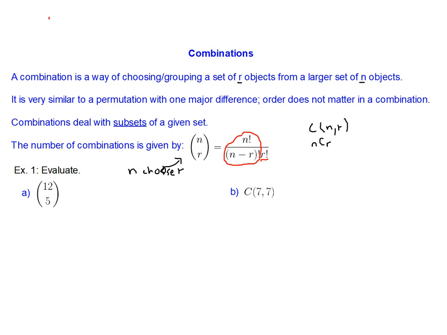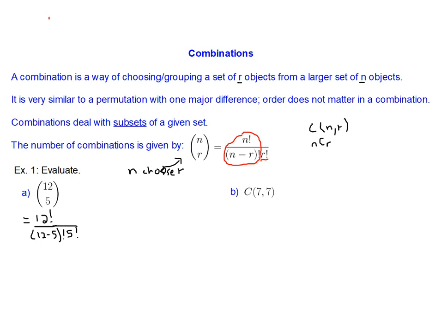We're just going to use the equation here. 12 choose 5 should equal 12 factorial divided by 12 minus 5 factorial times 5 factorial.